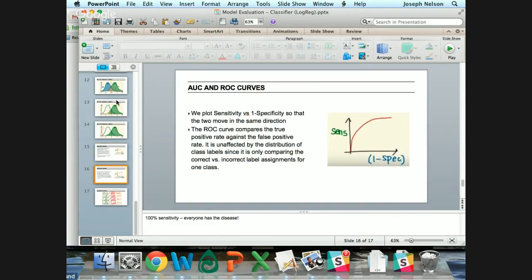So this is called the receiver operating curve. And it allows us to look at these two things so that they move in the same direction, as in moving up and to the right is absolutely a good thing.